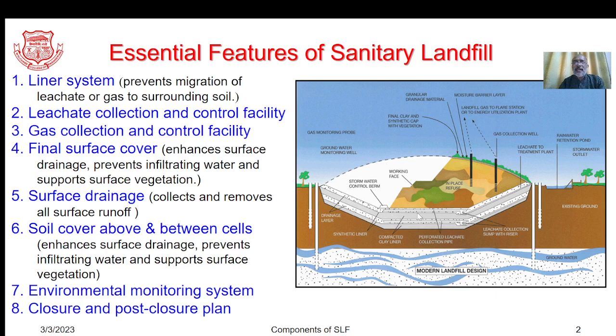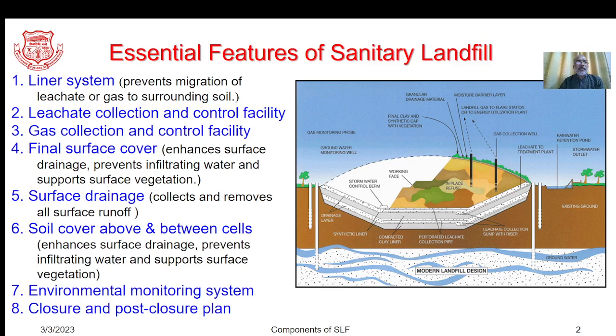So this leachate needs to be collected, conveyed as well as treated at some facility. In a similar way, the gases being produced should also be collected as well as sent to the control facility.